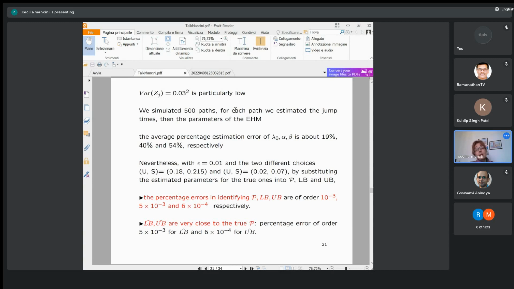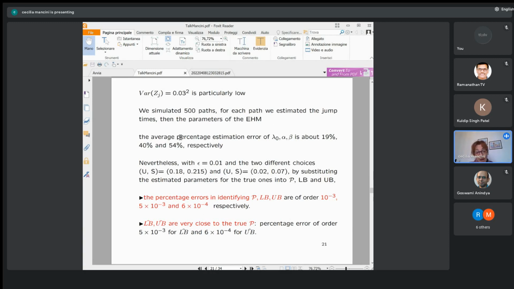So we simulated the path. For each path, we estimated the jump times, and from the estimated jump times, we estimated the parameters of the exponential Ox model using maximum likelihood, as we did before.